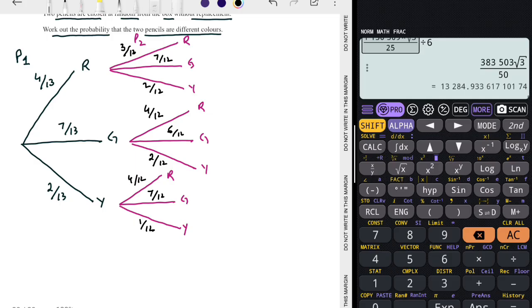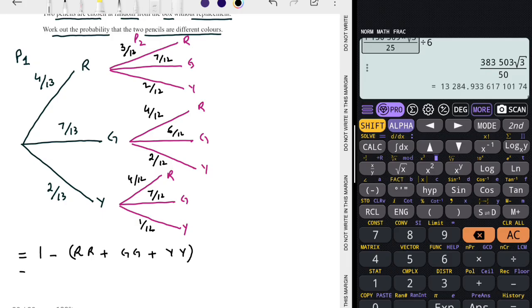So if we add the probability of red and red, green and green, and yellow and yellow, and subtract from 1, we will have the probability of different colors.